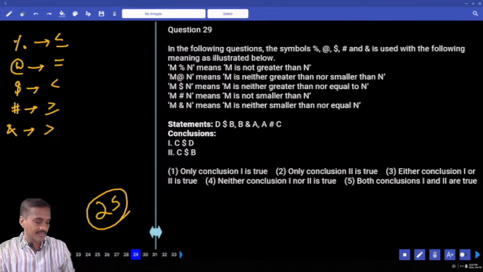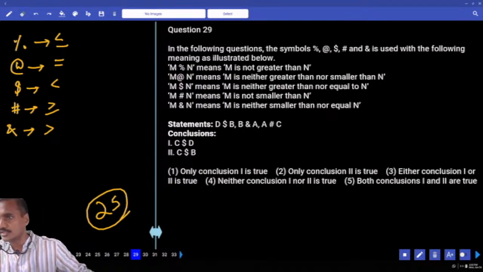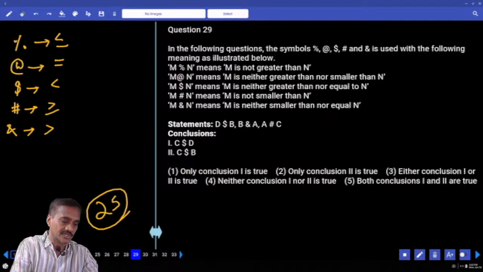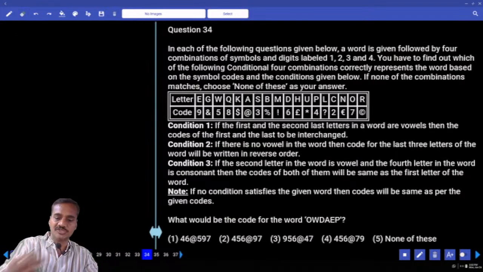Then you need to check how much time is left over. Then 30 to 33, let's keep this one under the next priority. After 33, look at 34 to 40, which is easy, 7 marks. If you definitely work out these 7, then you can cross 30. Hence you need to focus on 34 onwards.